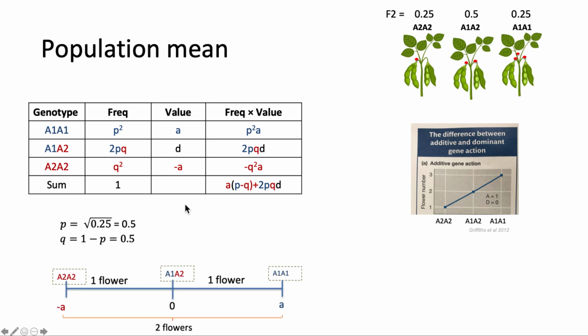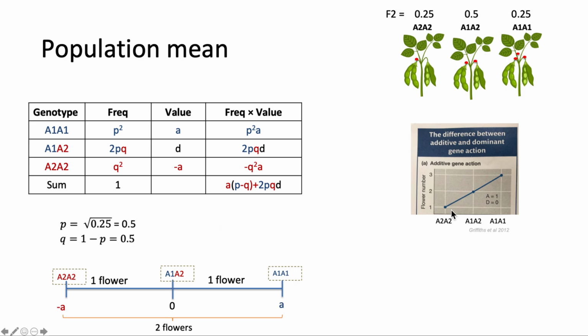And now we have to estimate the values of A and D in the population. Remember that I told you that under an additive effect, the heterozygous lines are assumed to be in the middle of both homozygous lines.